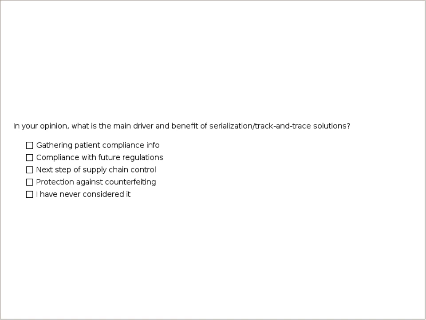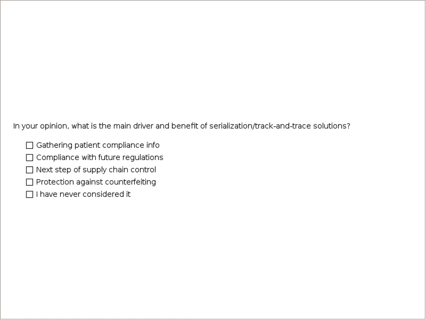For the second question, which was, in your opinion, what is the main driver and benefit of serialization and track and trace solutions on the unit level? You had the opportunity to mark more than one option. Here we see there are three responses that dominate, which are compliance with future regulations, so being able to comply with future regulatory requirements.